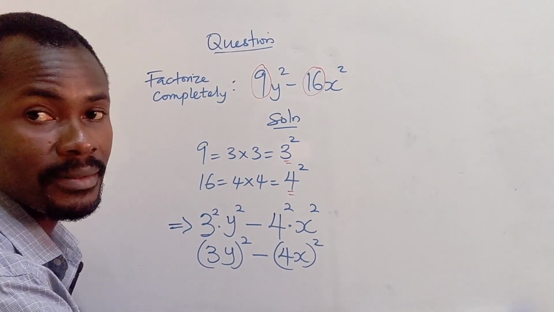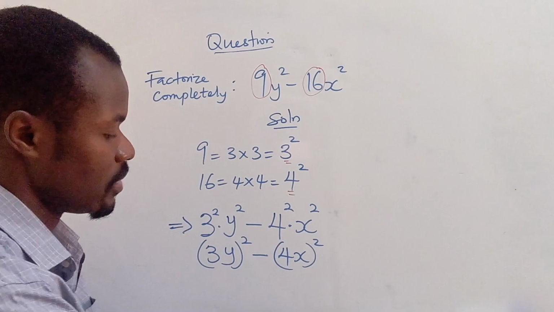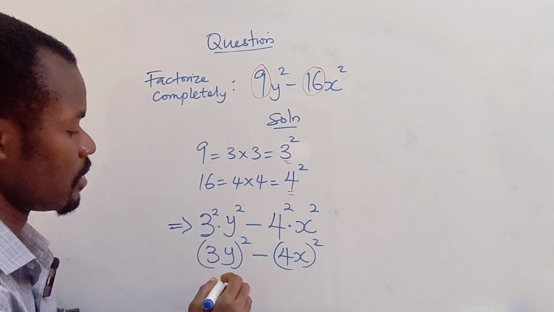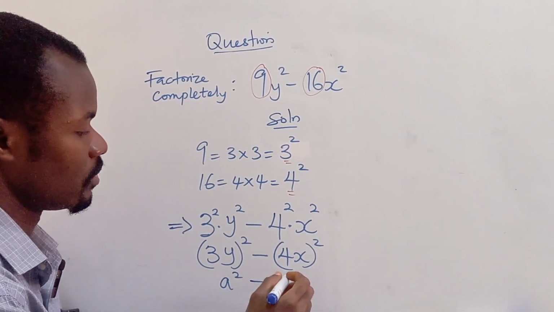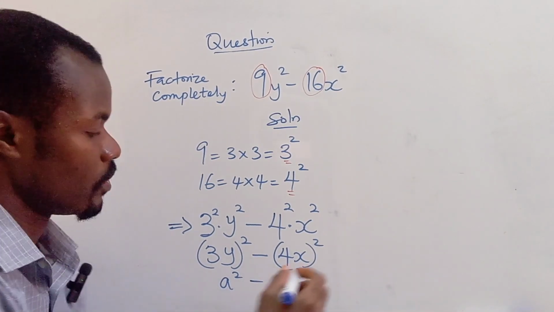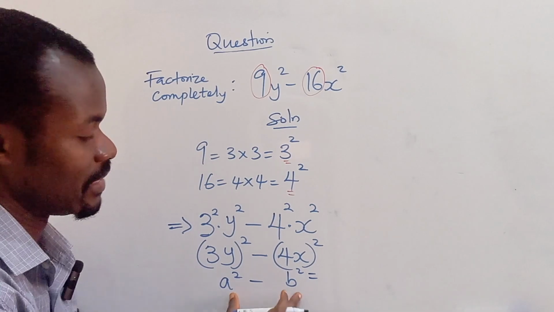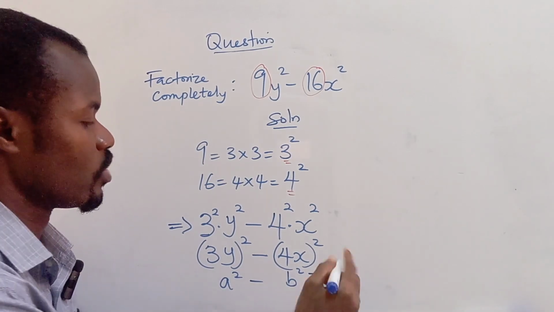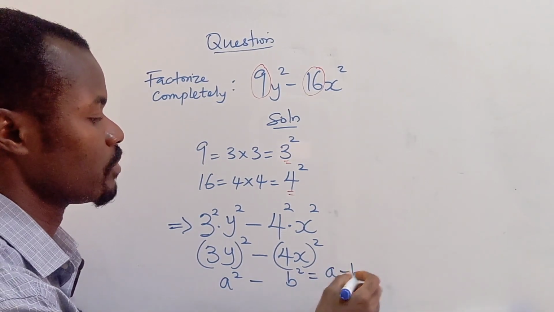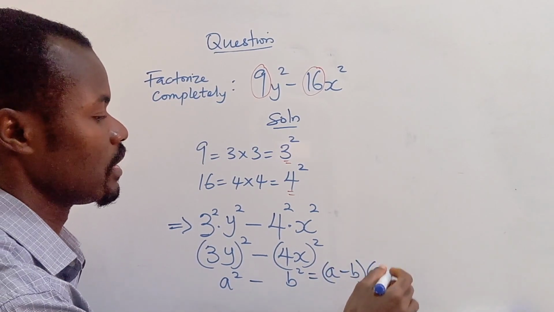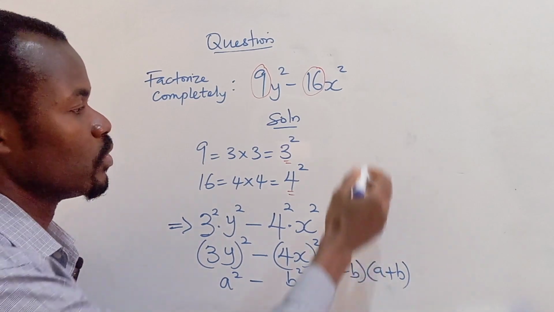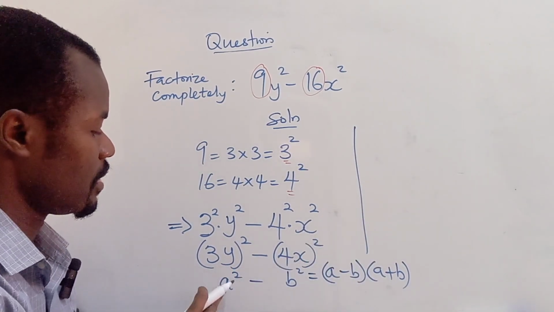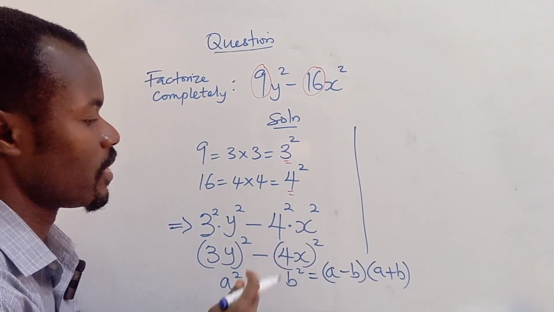What can we realize? Now this looks like a squared minus b squared, which means difference of two squares, which we can write as a minus b times a plus b. So if I apply it to this, a is 3y, b is 4x.